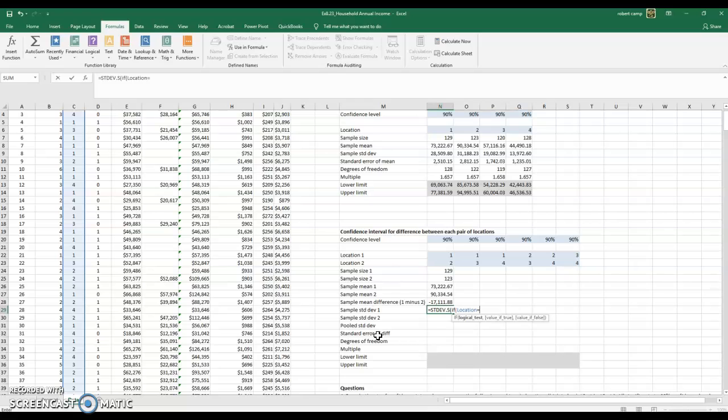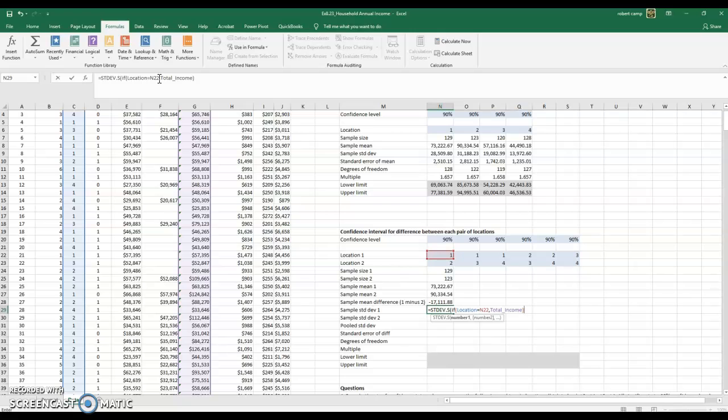So if the location is equal to N22, and let's see, I don't want to put the $ sign all in there because I want that to freely float. That was the mistake I made with the last one. So if that location is equal to location 1, or N22, then what I want to do is the standard deviation of the total income. And so there we go.